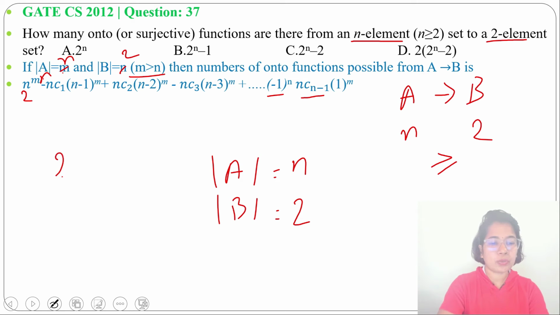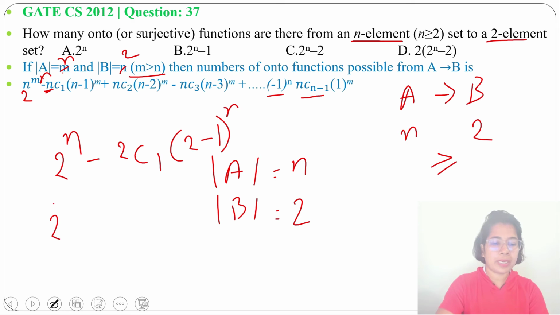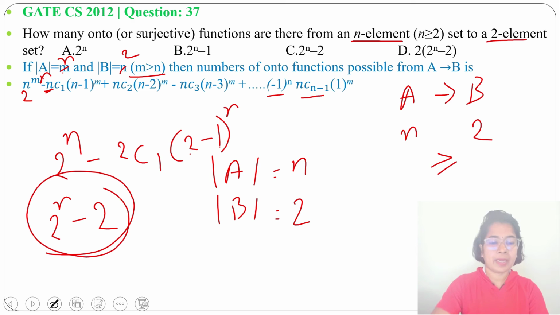So it will be 2^n minus 2C1 times (2-1)^n. So 2^n, 2C1 is 2, 2 minus 1 is 1, and 1 power n is 1. So the result is 2^n minus 2.